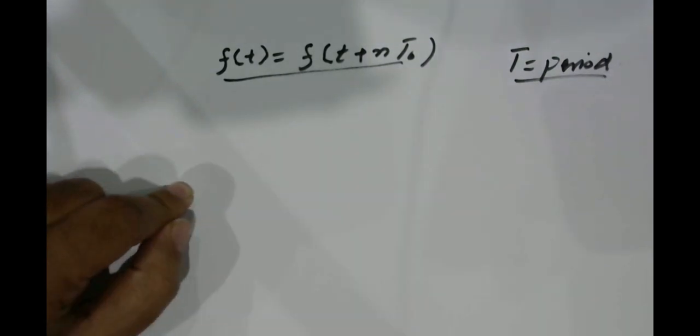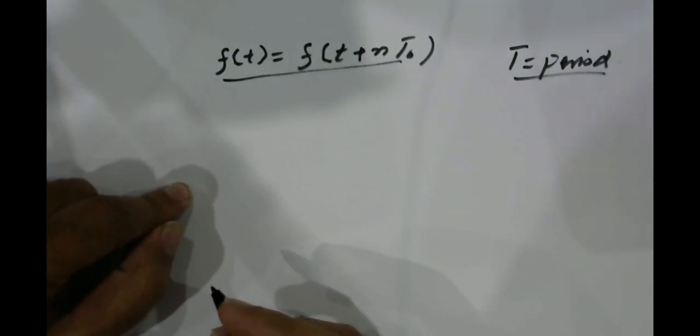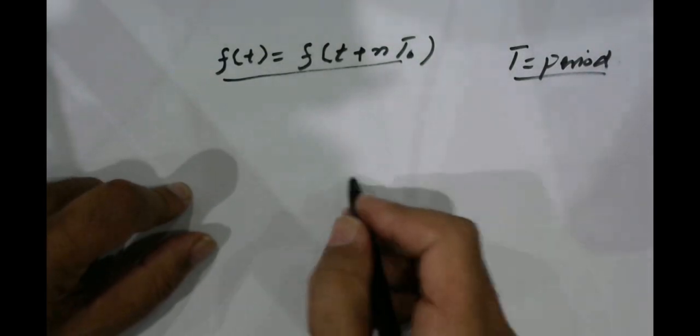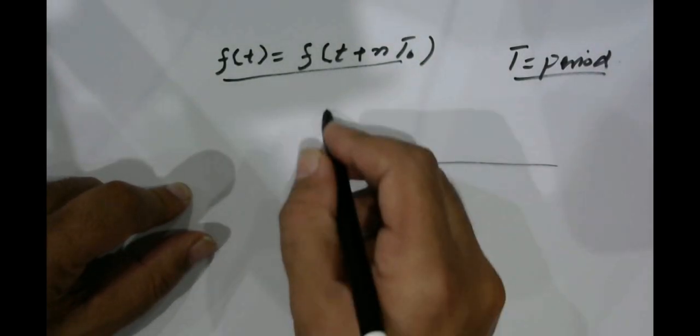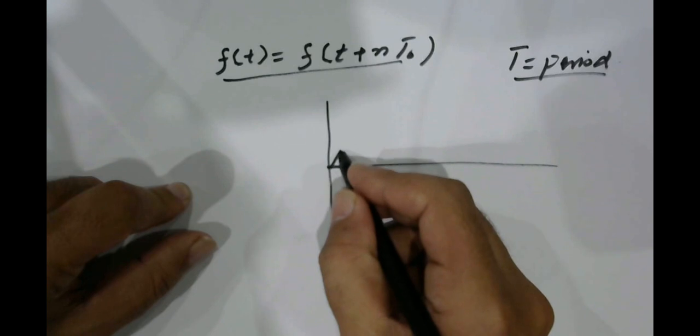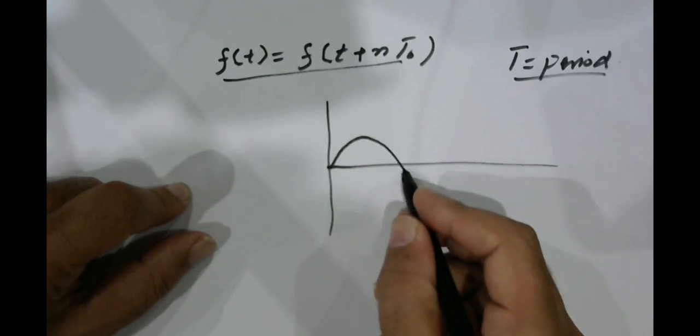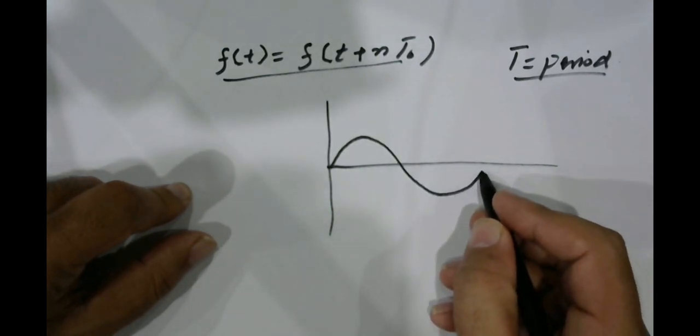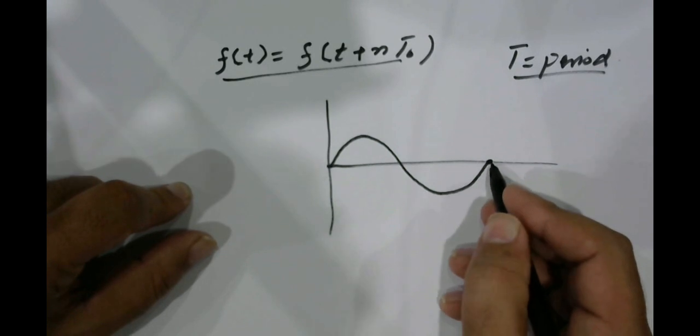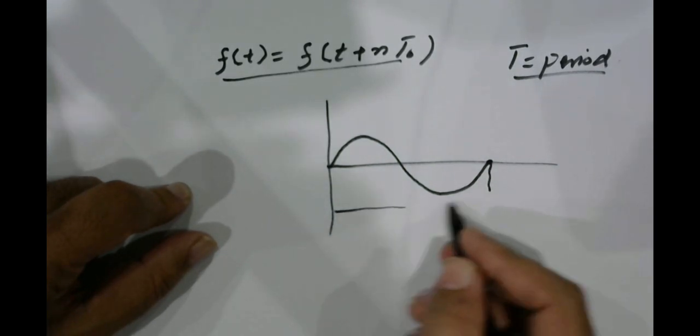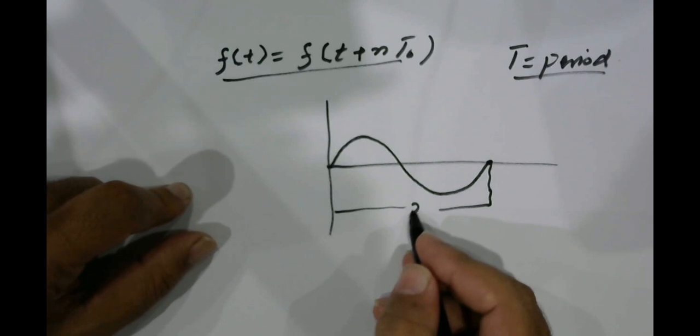For example, sine. Let's say this is our function. It starts here, ends here, and then again starts over here. So its period is how much? 2 pi.